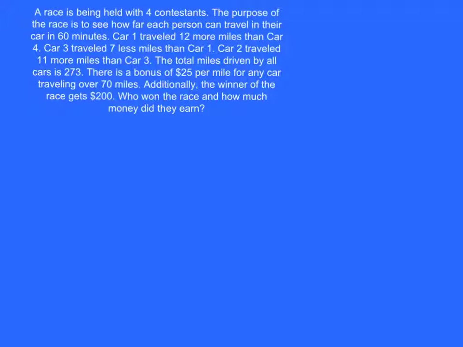So for car 1, it traveled 12 more miles than car 4. Was car 4 mentioned anywhere else in the problem? No. So we'll go 1, 2, 3, and 4. The total is 273. And car 1 is 12 more than car 4. So car 4 is what?